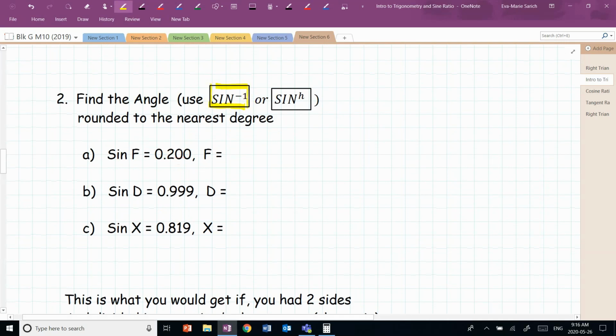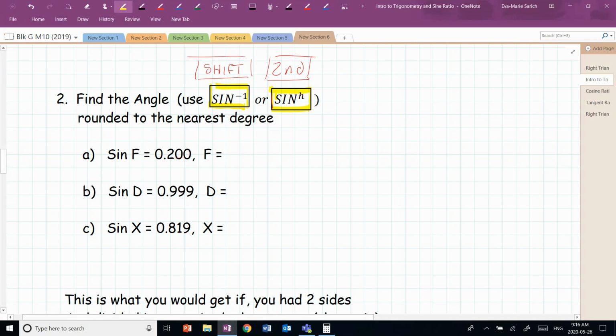To use the inverse button on your calculator, you're going to have to use either a shift key or a second function key. Look for one of those, shift or second function key, to find the inverse of sine, which could be sine -1 or this sinh, okay?